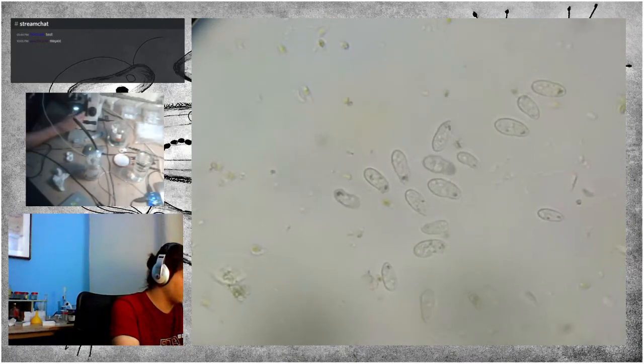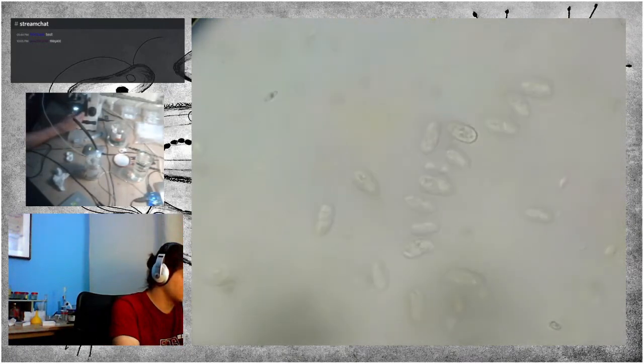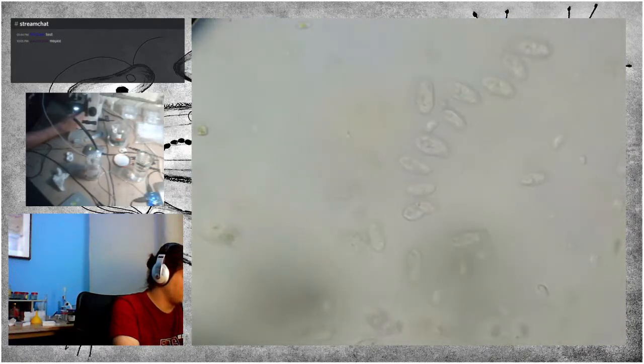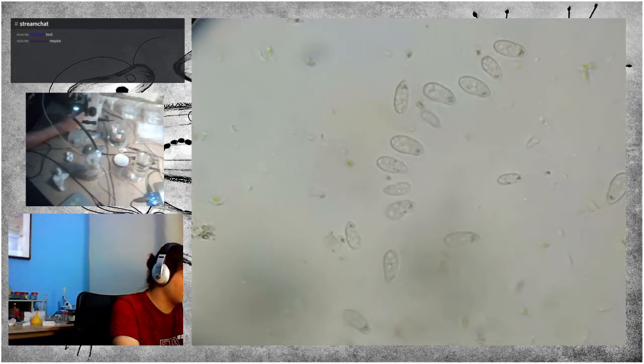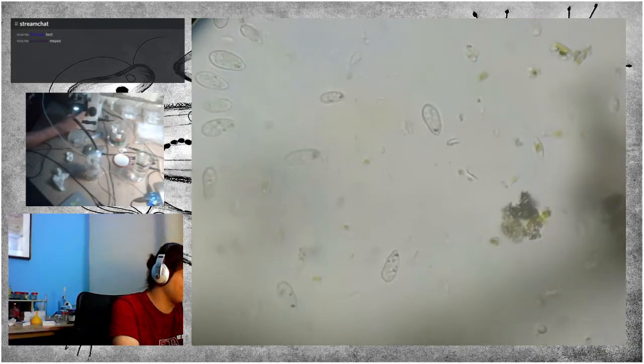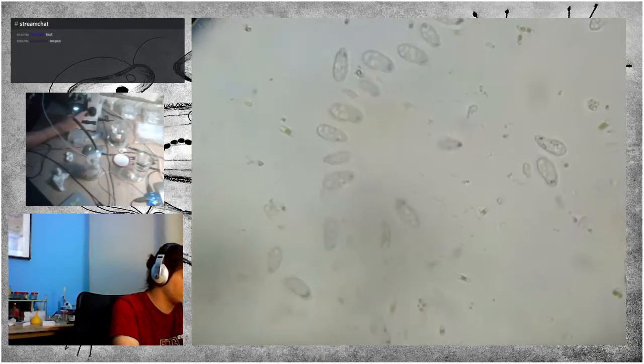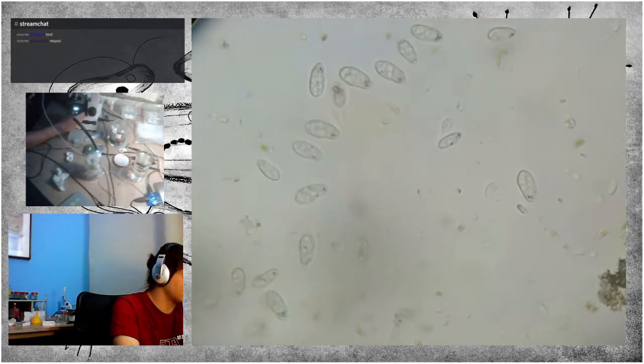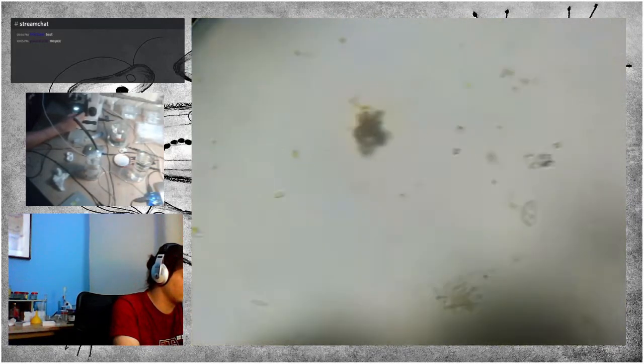Now, here, for example, is a ciliate conference. I don't know what's happening, but I'm guessing in this area there are a lot of bacteria, so those ciliates can easily obtain nutrients to grow and reproduce.